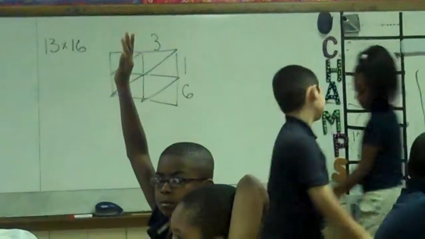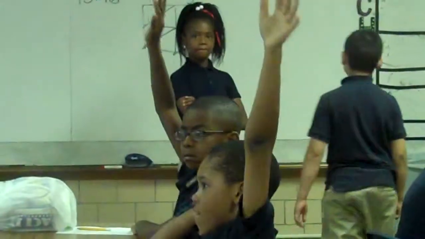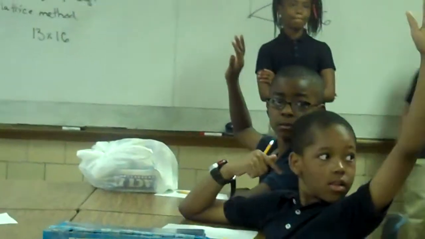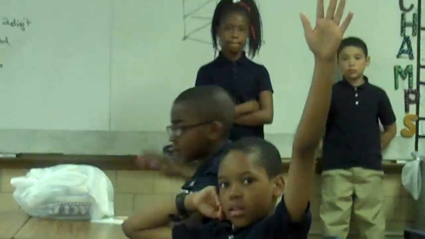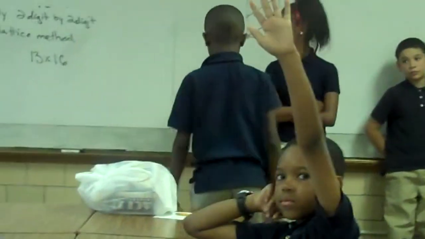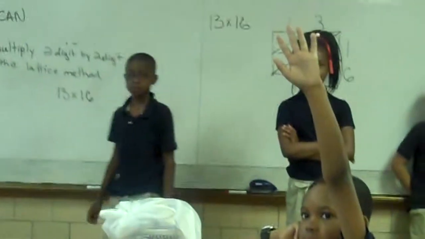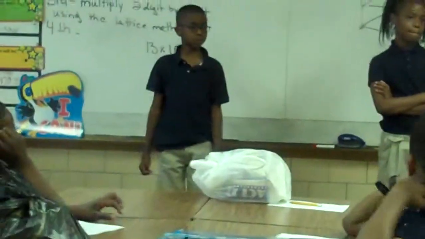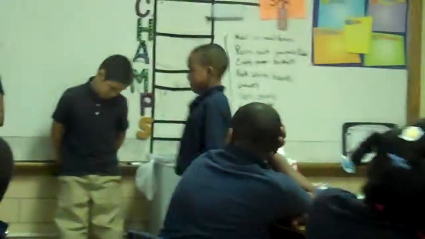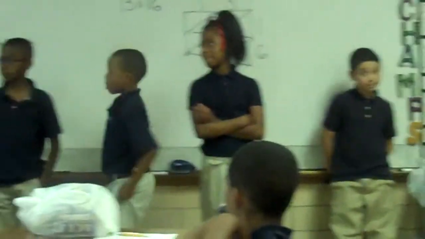Jose. Let me get Jayshawn Smith. And another boy, Carnell. Alright, thank you. So we have two digits by two digits.